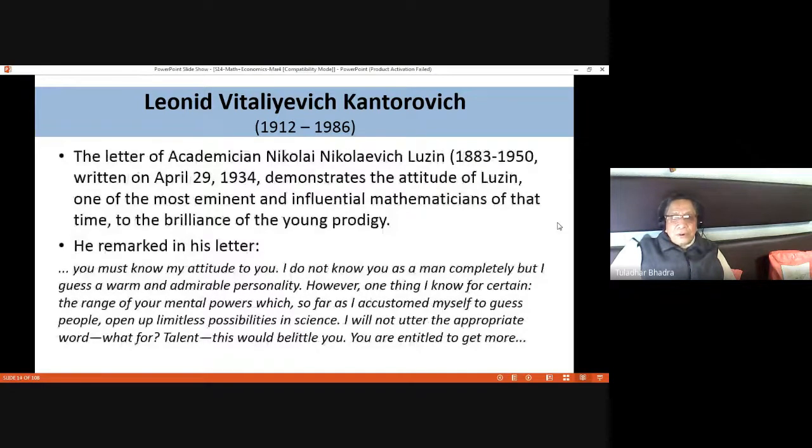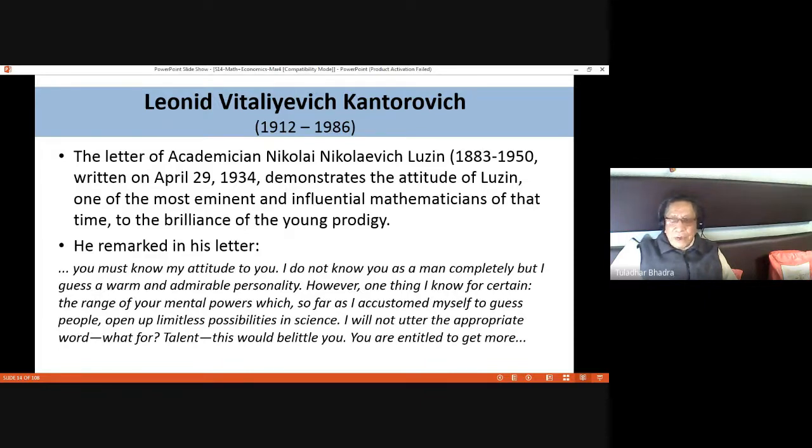A letter of Academician Nikolai Nikolaevich Luzin, a very honorable, prominent mathematician, written on October 5, 1934, demonstrated the attitude of Luzin, one of the most eminent and influential mathematicians of that time, to the brilliance of the young prodigy, because Kantorovich was a prodigy. He was so bright at a young age. Nikolai Luzin remarked in his letter, "You must know my attitude to you. I do not know you as a man completely, but I guess a warm and admirable personality.